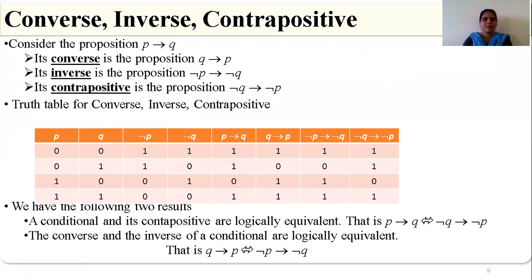Next is logical implication. In this logical implication, we have three terms: converse, inverse, and contrapositive.